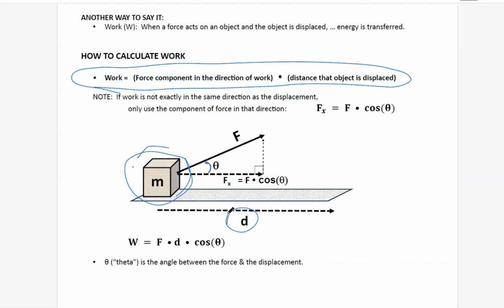If you have this force at an angle, you really need to determine just the force that's in the right direction, and that requires trigonometry. Here's the formula, but we're not going to do that in this class. We're not going to use trigonometry to calculate the component of force that is horizontal if the box is moving horizontally, or the force that's vertical if the box is moving vertically.